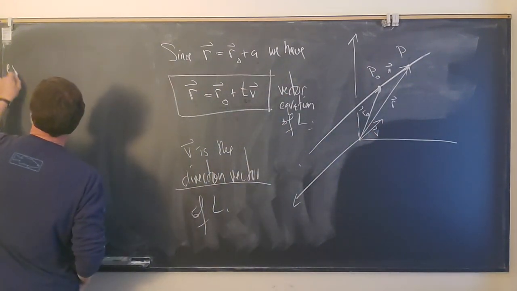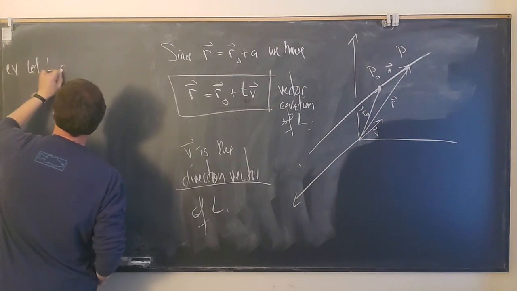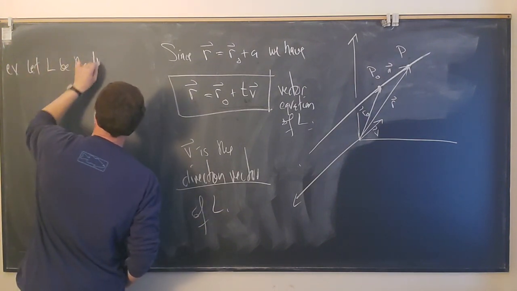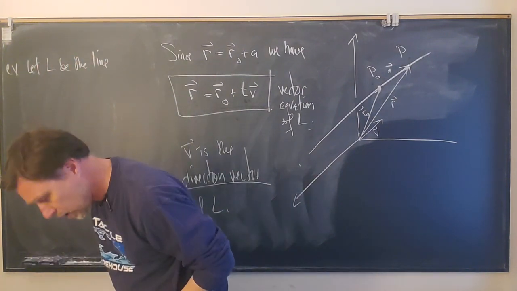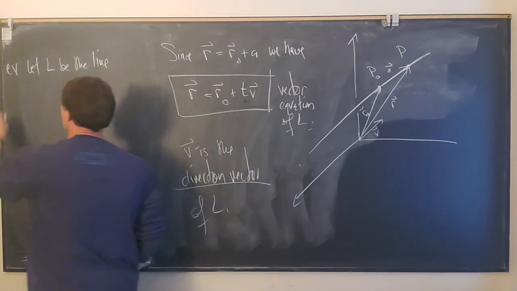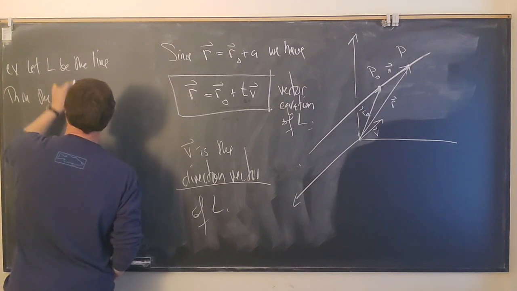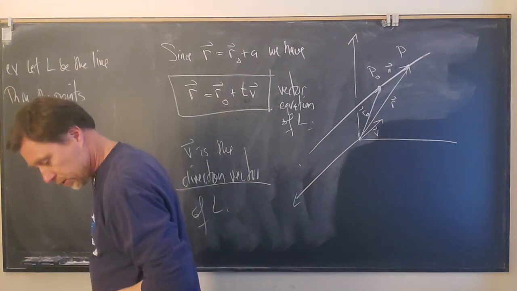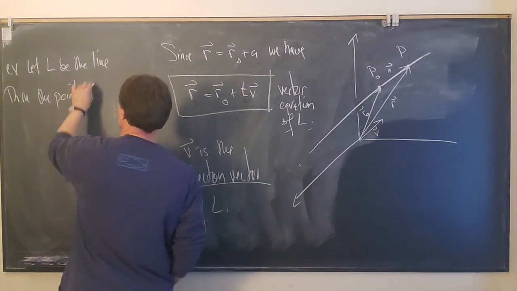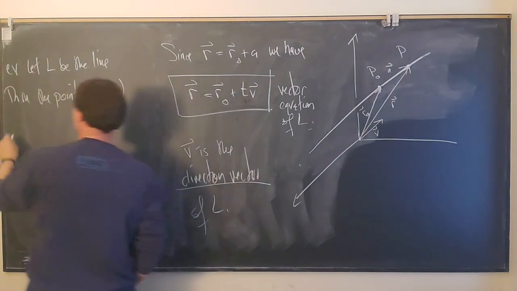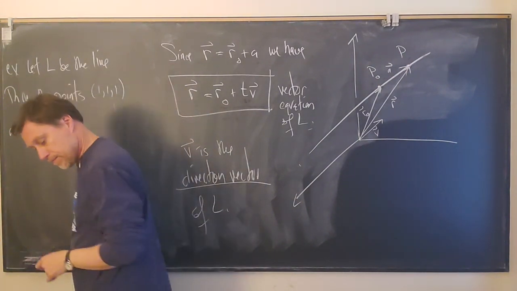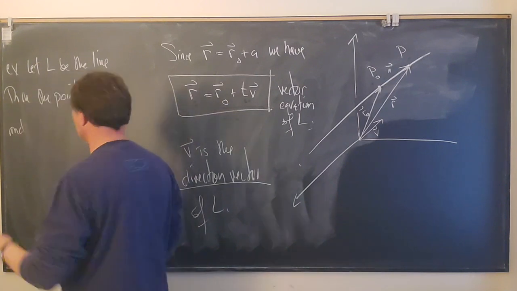So let L be the line through the points 1, 1, 1 and 2, 5, 0.